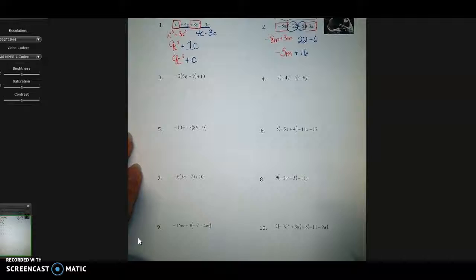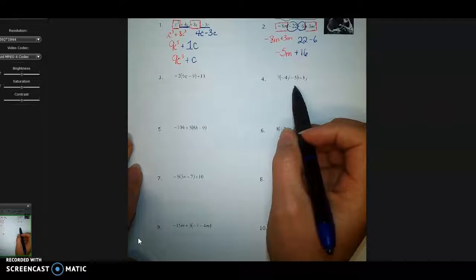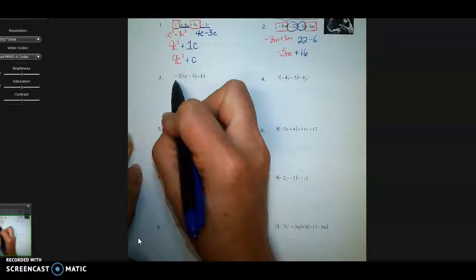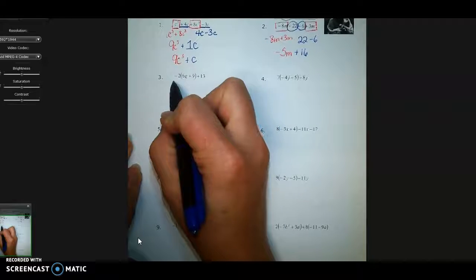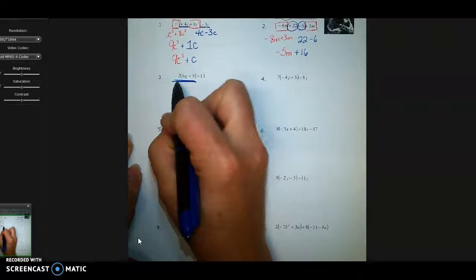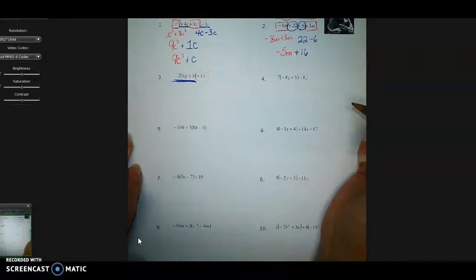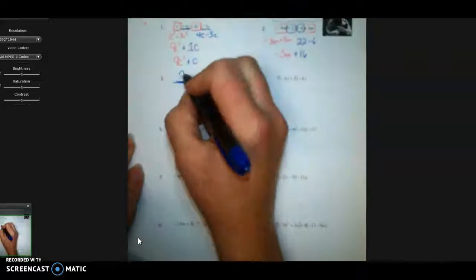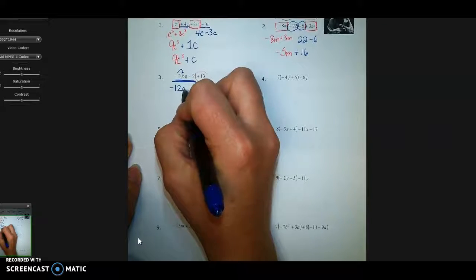Now, if I have parentheses involved, this means that we are going to need to use the distributive property, and I have to take care of that first. So this is negative 2 times the quantity 6 times g plus 9. I have to take care of this portion first. Then this will get added and combined in later. So when I distribute, I get negative 2 times 6, so negative 12g.